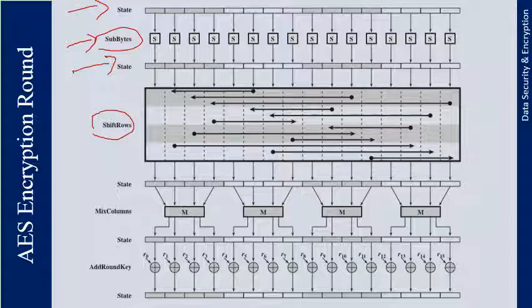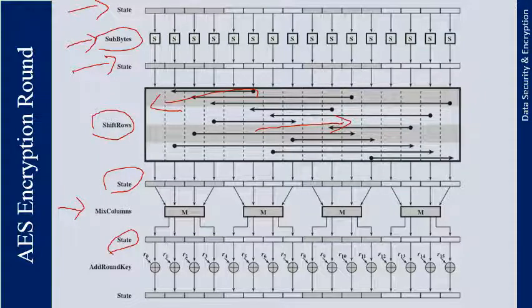That means each byte is shifted either from right to left or left to right, depending on the mechanism of our AES encryption. And then we get the second form of our input state. It is met with the mix column transformation, where you perform a mix column transformation using a multiplication matrix, and then you get the third transformation state.